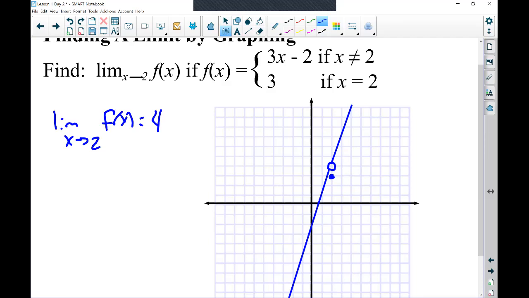If you wanted to graph this on your graphing calculator, and I have to see if I can make this happen, if I can, I'll be happy. So we would put in parentheses, and this is actually in the textbook, 3x minus 2, x not equal to 2, right?